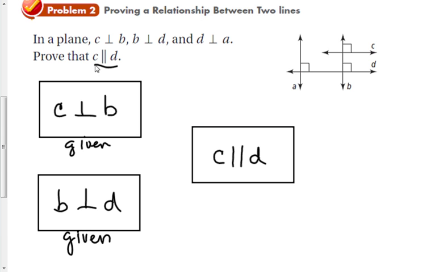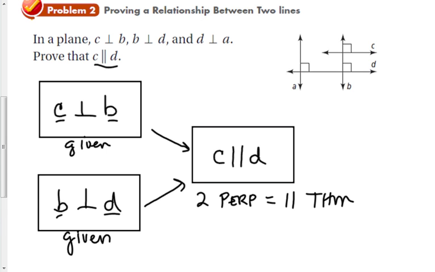Then by our two perpendiculars equals parallel theorem, we can say that C is parallel to D. That's an immediate result because C is perpendicular to B and B is perpendicular to D, so C must be parallel to D. Go ahead and try the Got It here.